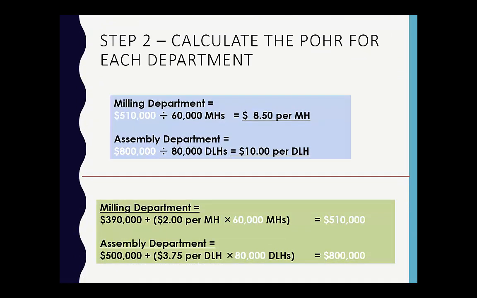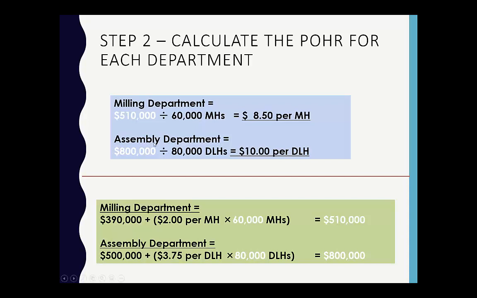Remember, in like 3 or 4 slides ago, we take the total manufacturing overhead. That's what we have down here. I copied this from the previous slide. That's my total manufacturing overhead, and I divide that by the cost driver. In this case, it's the machine hours for the milling department, and I come up with $8.50 per machine hour. For every machine hour, $8.50 is going on there.